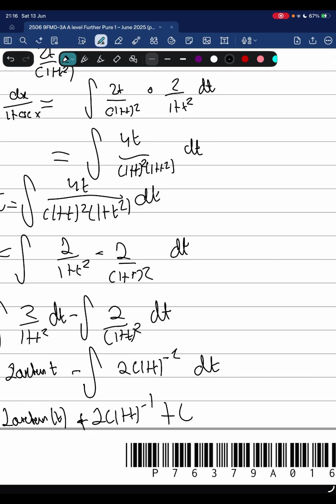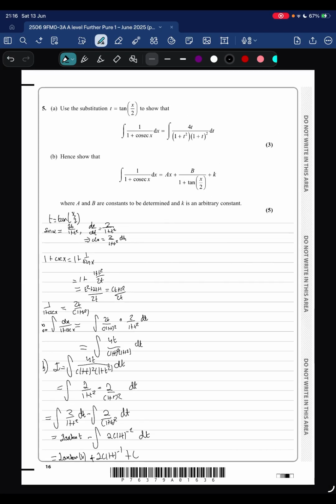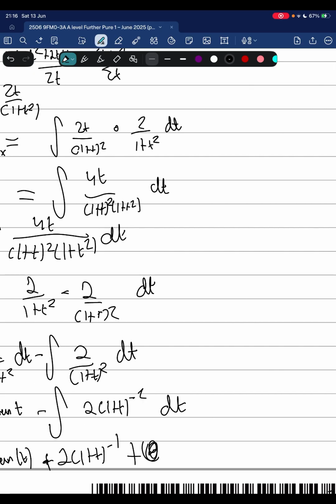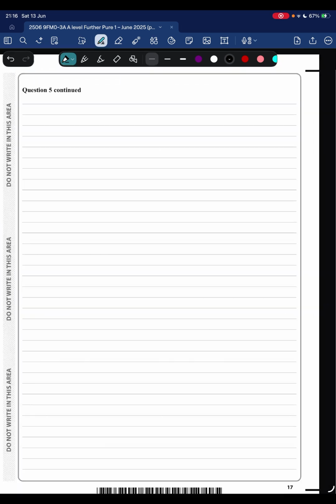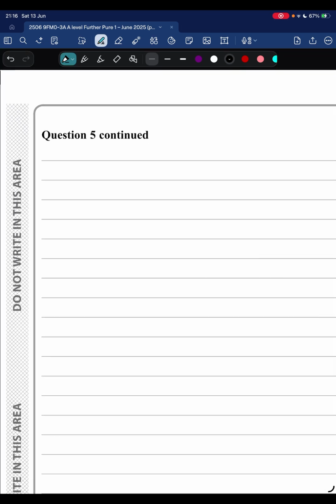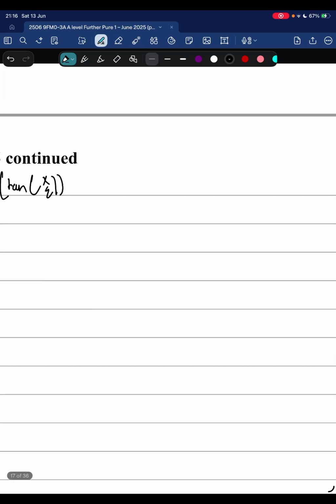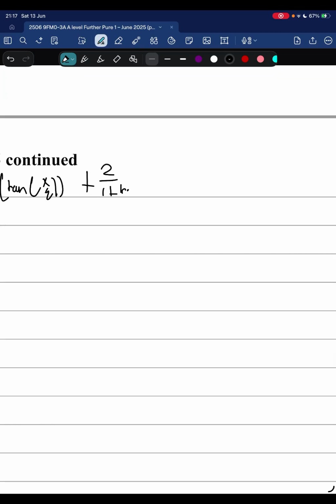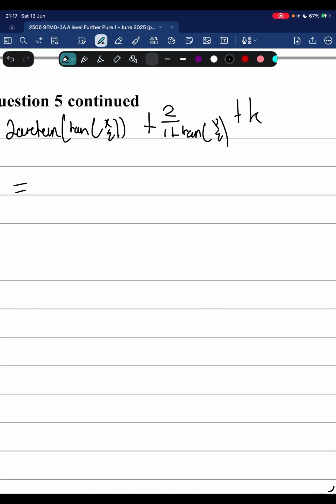Okay. Now in the question we want a k, so let's put plus k on this. Okay, so 2 arctan of t is 2 arctan of tan x over 2, plus 2 times 1 over (1 plus tan x over 2) plus k, and this is going to cancel out and we get x, right?